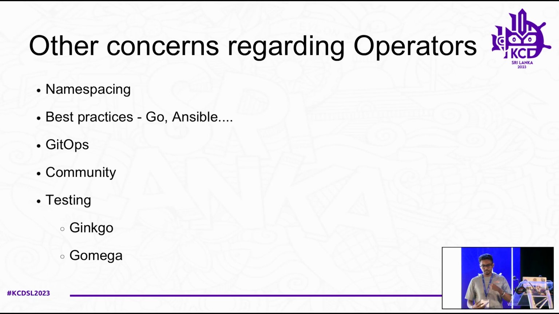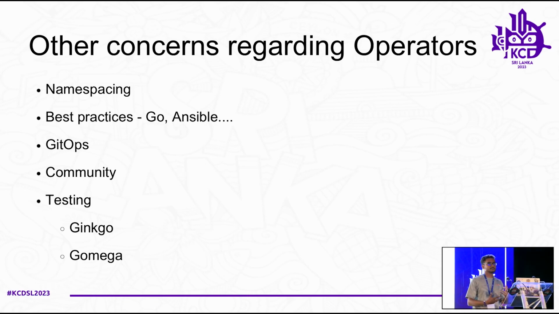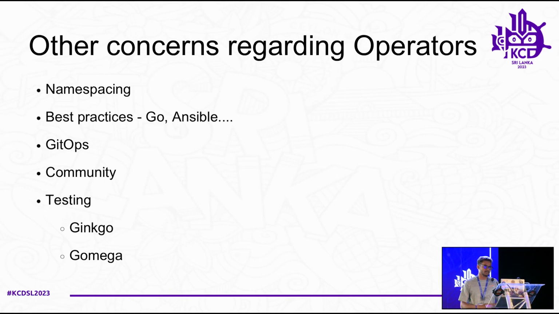Also, you have to run unit tests wherever necessary, because from my experience, if you do not write unit tests from early on, you're going to have a very hard time writing tests later on, because this operator code has to interact with a Kubernetes cluster, and then you have to talk about the reconcile logic and your business use cases. There may be various clustering within your application itself. So everything has to be tested from the moment you are writing the code. Otherwise, you will have a headache when you're going to write the tests later on.